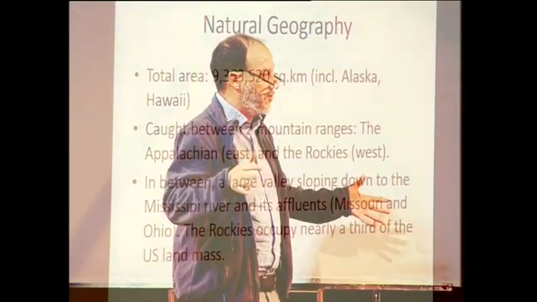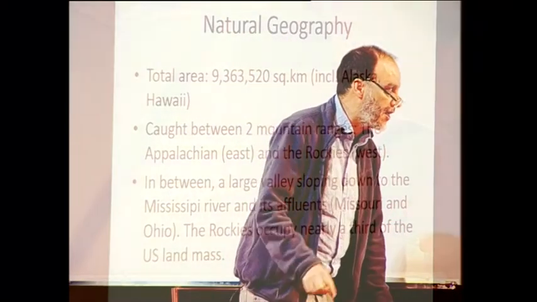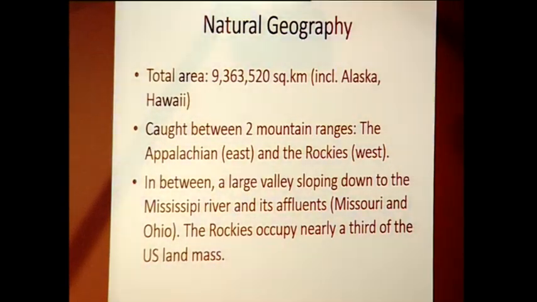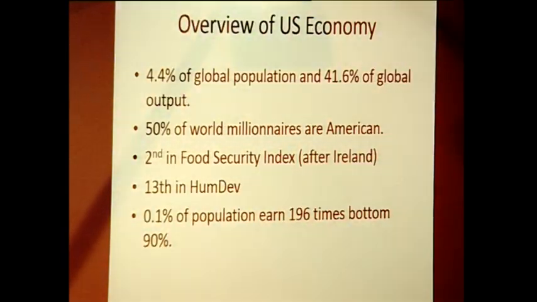So in between these two mountain ranges, we have a very large valley sloping down to the Mississippi River, which is somewhere in the center of the country, with its affluents, the other rivers that pour into the Mississippi. Now, the Rockies alone occupy nearly a third of the US landmass, so it's a large mountain chain.